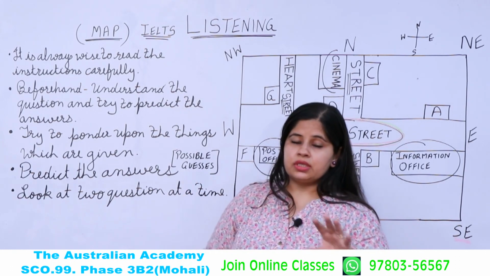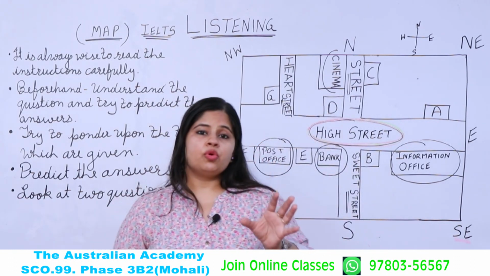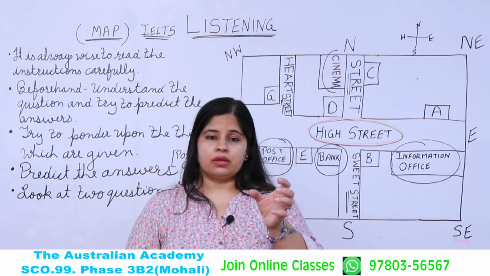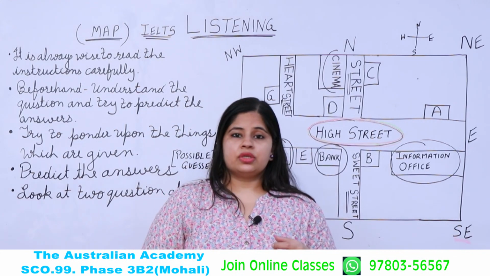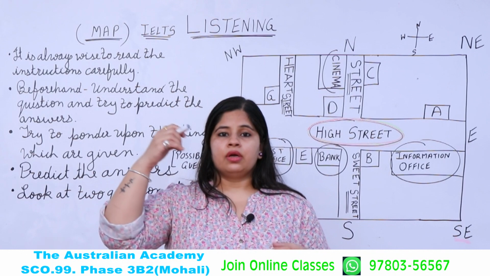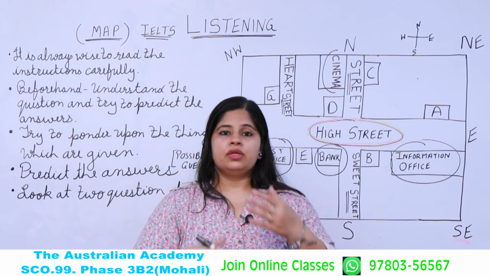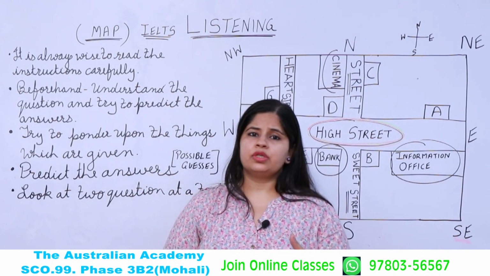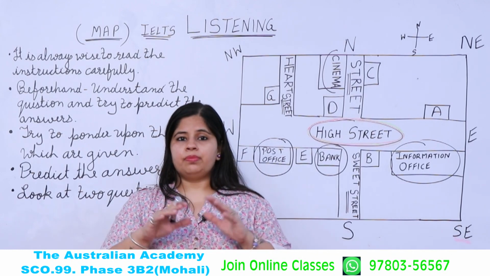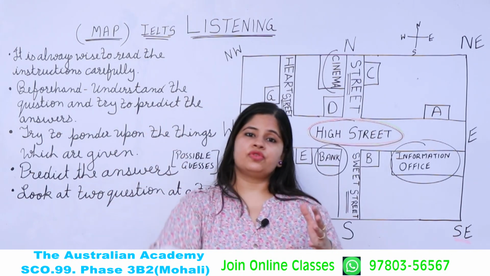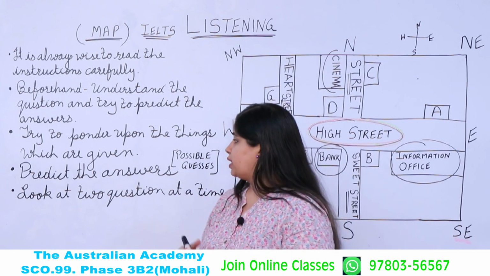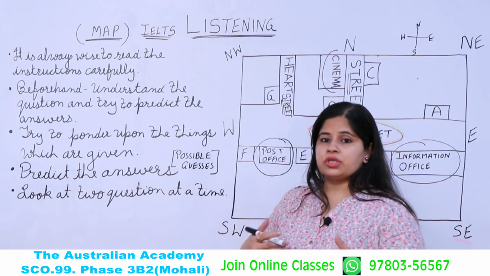For example, in the map, if something plural is there, like if they mention "dash children", then you need to write something relevant with plural. So there has to be a place where a larger number of children can be. In that way, you can make possible guesses.